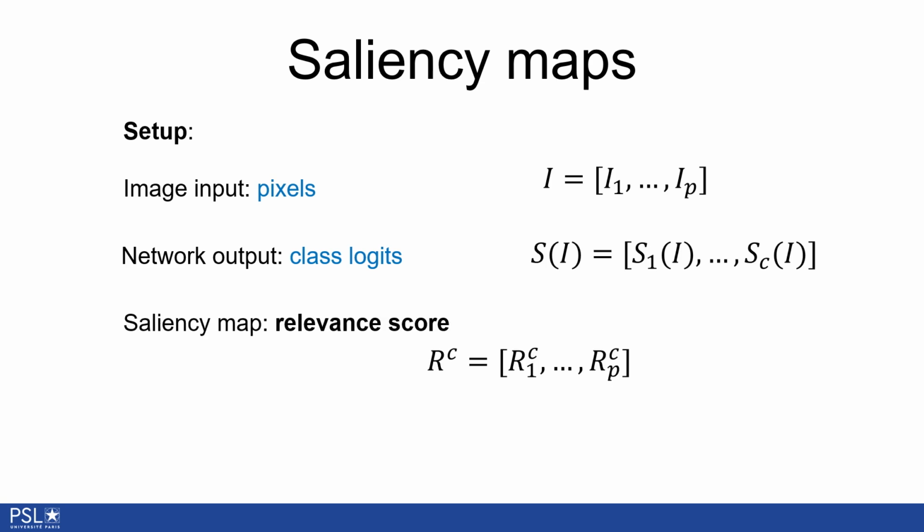A saliency map is then the output of an attribution method, which generates a set of relevance scores. For each output class, the saliency map gives a relevance score to each pixel in the input image. So, very concretely, a saliency map has the same format as the input image. It associates one value for each pixel in the image.